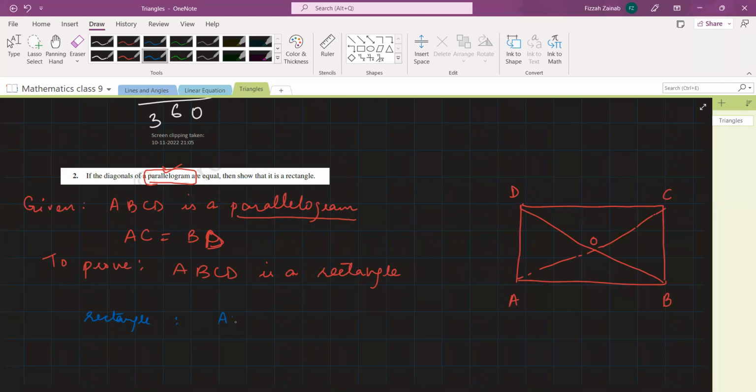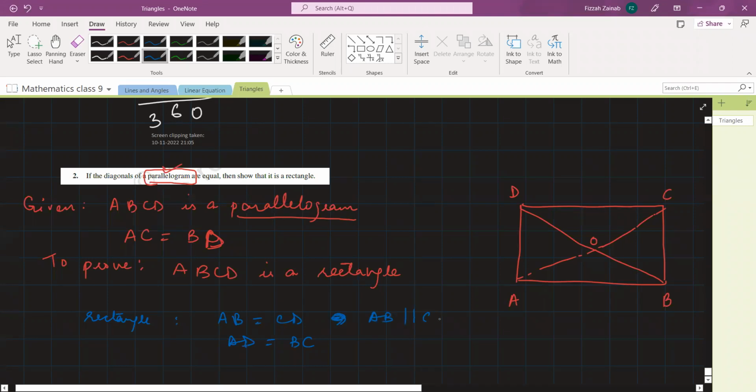That means AB side should be equal to CD side and AD side should be equal to BC side, right? And also AB has to be parallel to CD and AD has to be parallel to BC. So it becomes a parallelogram. Is that clear?